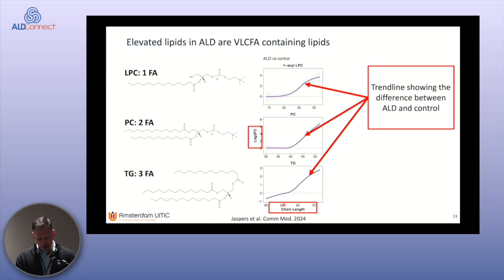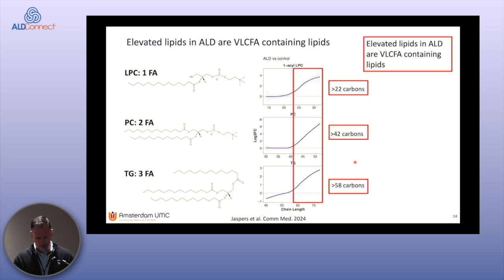And what you can see is that there's a steep increase for lipids containing more than 22 carbons for the LPC lipid class, more than 42 carbons for the PC lipid class, and more than 58 carbons in the triglyceride lipid class. And this demonstrates that the increased lipids in ALD are the result of very long chain fatty acid accumulation.